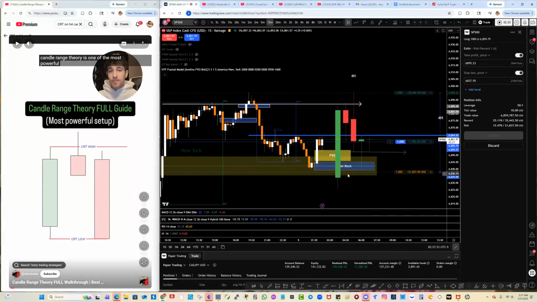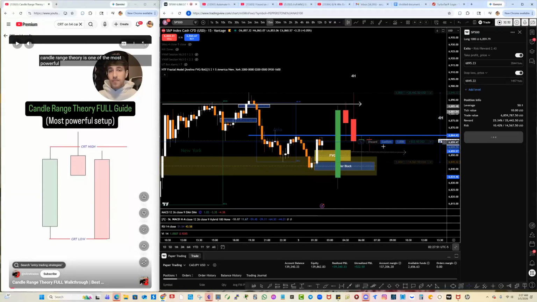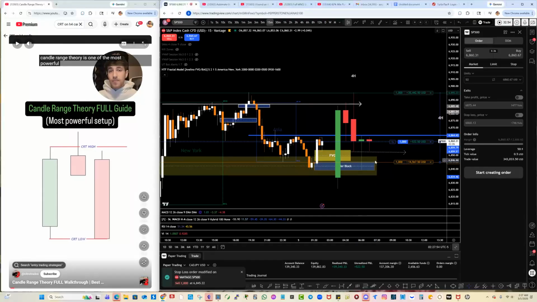So on a good day, the entry is supposed to be the close of this bullish candle that has rejected this fair value gap, and the bottom of the fair value gap is supposed to be the stop loss area. So this is an early entry.